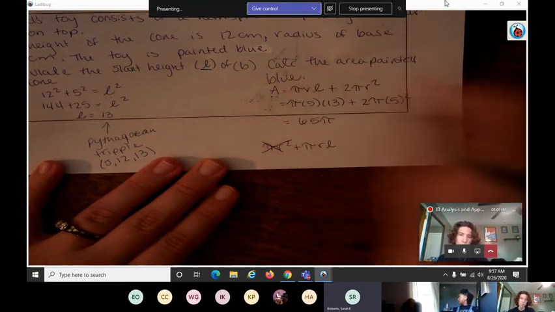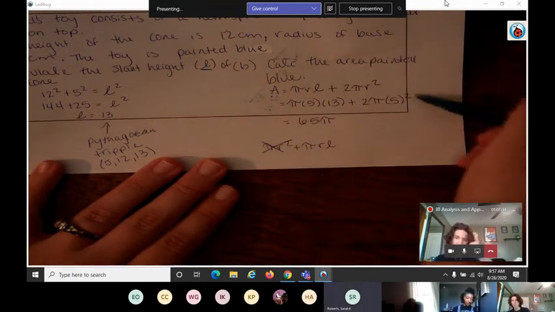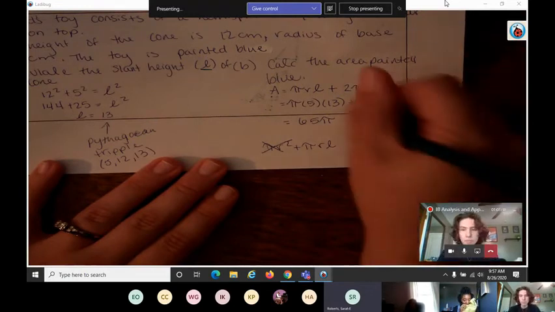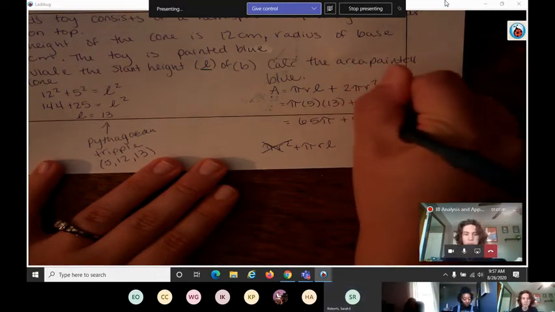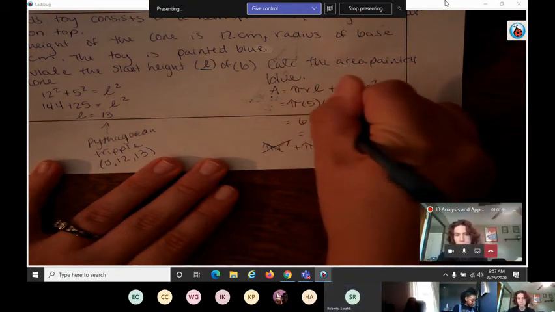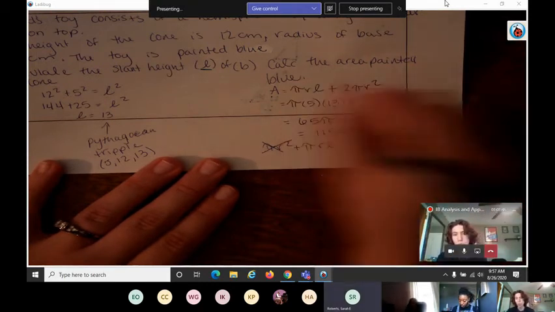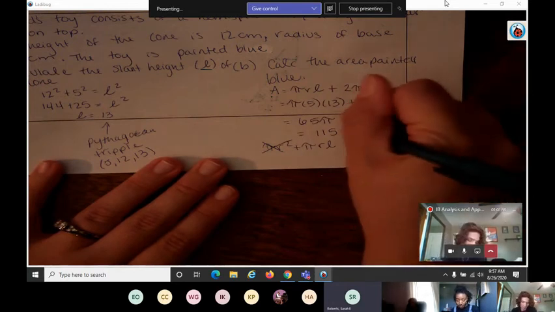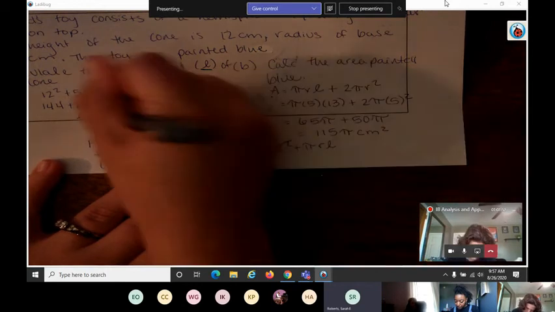I did that in my head, so I could be wrong. 5 squared is 25 times 2 is 50. So this would be 115 pi. And it was in centimeters, so this is centimeters squared.